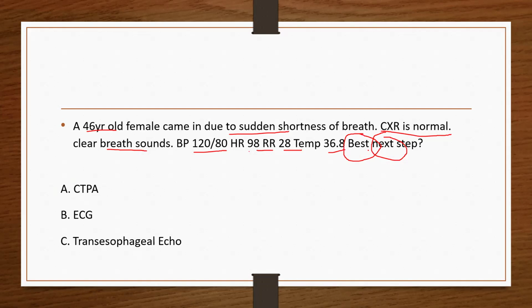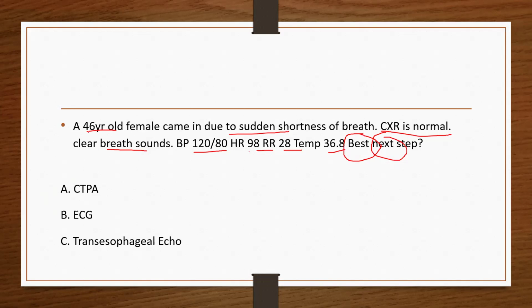But if you have been asked next step, then the next step would not always be the best step. The next step might change depending on the availability, patient's condition and everything. So you learn them when we do a lot of questions. When you have been asked best next step, that should be a very important thing that you should figure out, because that should be the test that you are going to do for this patient, and nothing else.